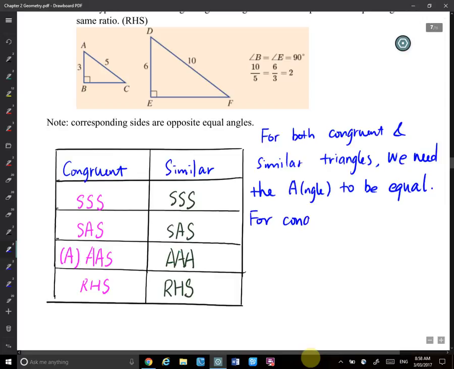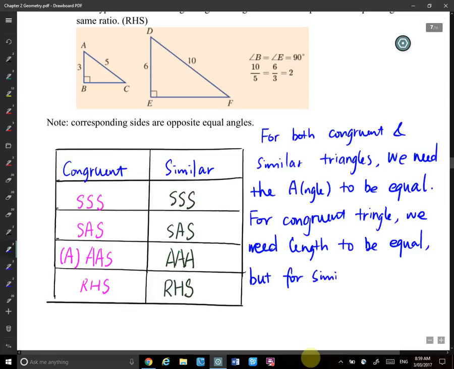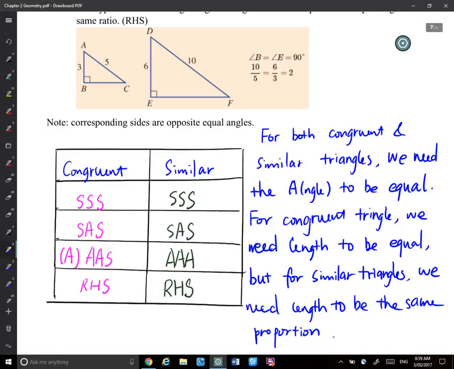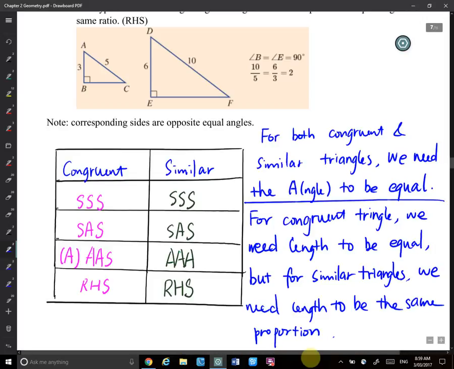For congruent triangles, we need lengths to be equal, but for similar triangles, we need lengths to be in the same proportion.